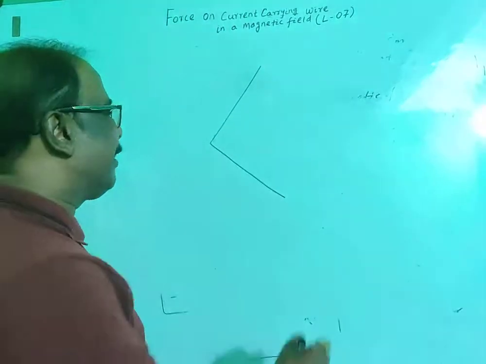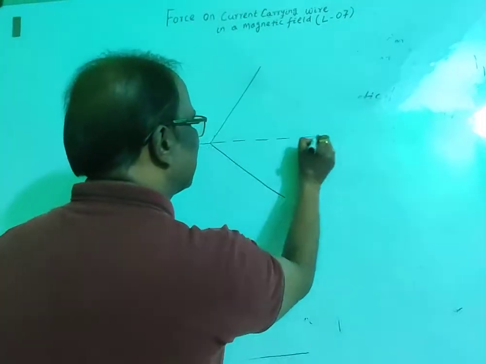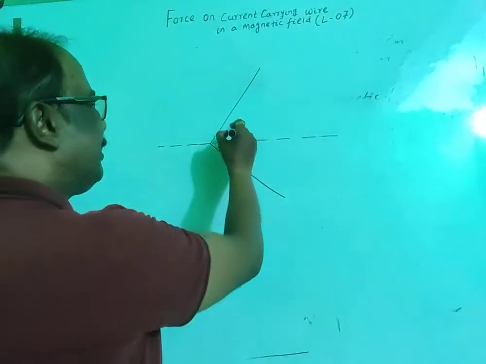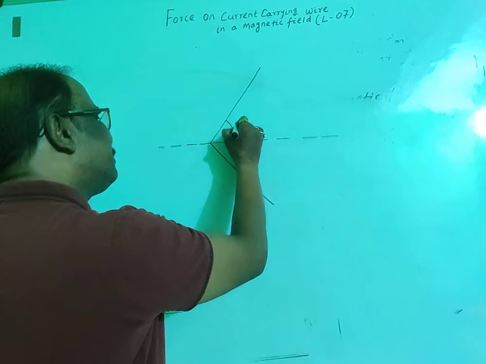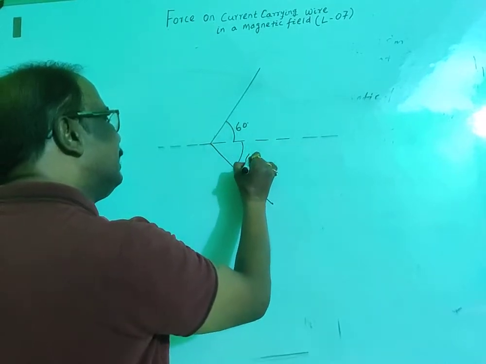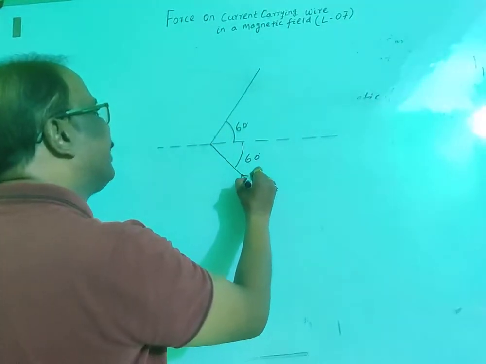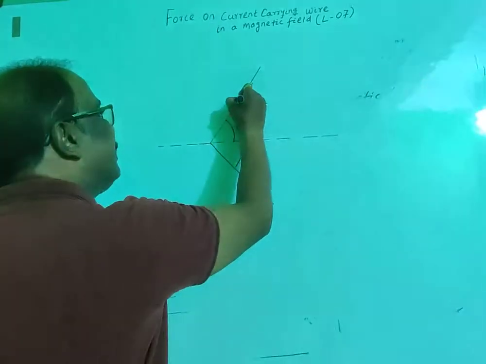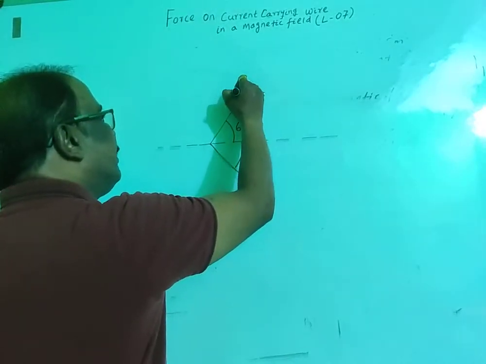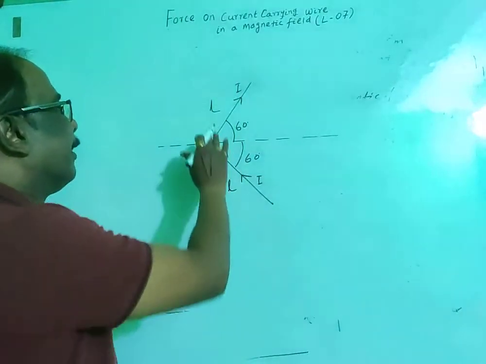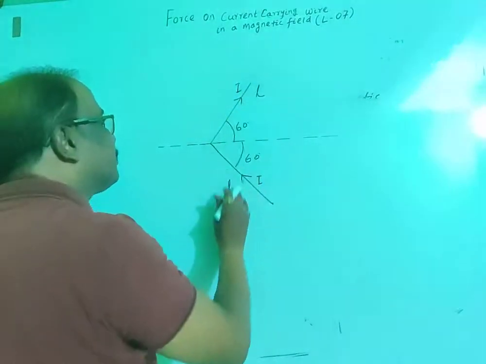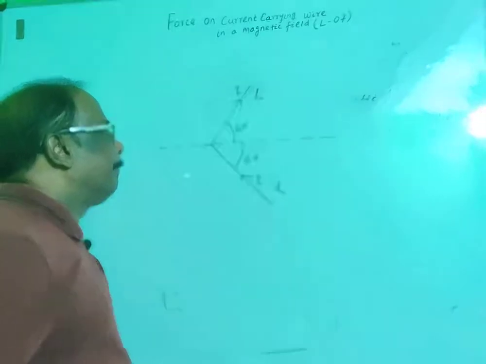Let this angle be 60 degree. This angle is also 60 degree. This wire carries current I, and the same current flows in this wire. The length of this part is L, and this part is also L. Both parts have the same length, L and L.